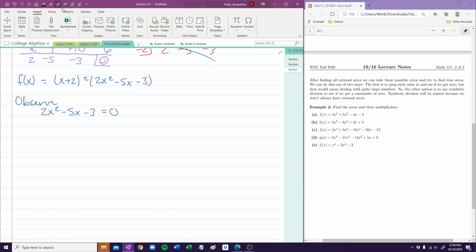The first thing I'm going to ask is, are there two numbers that multiply to be -6 and add to be -5? In that case, there's -6 and 1. We can do factor by grouping, so I'll go ahead and do that.